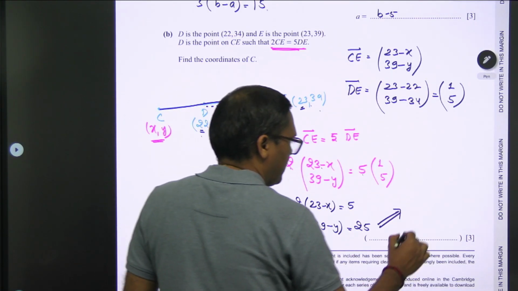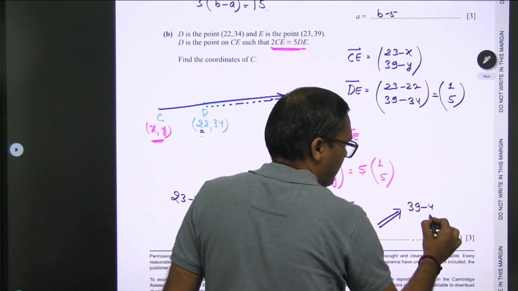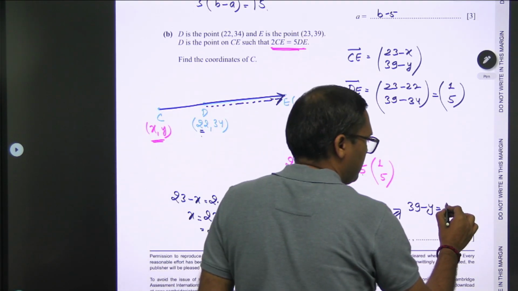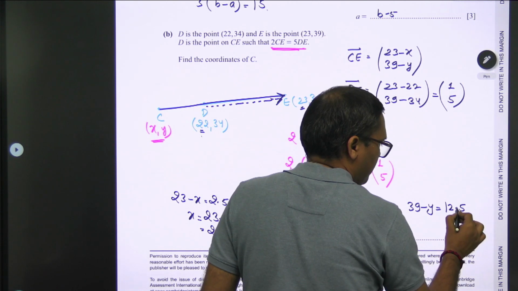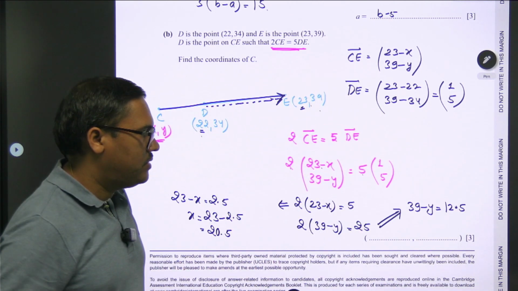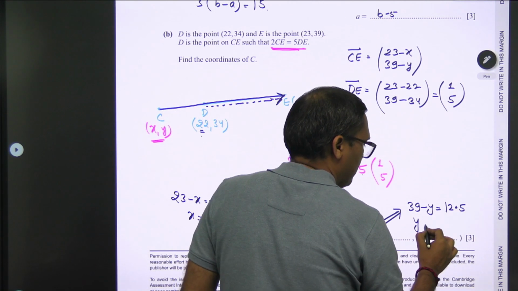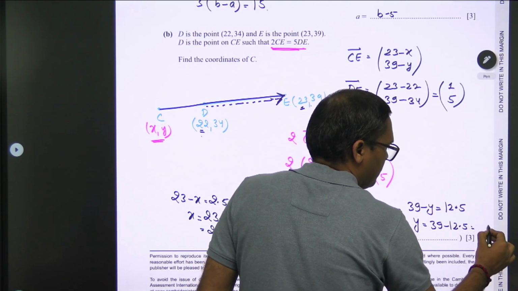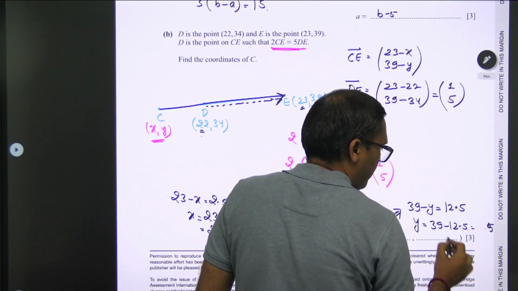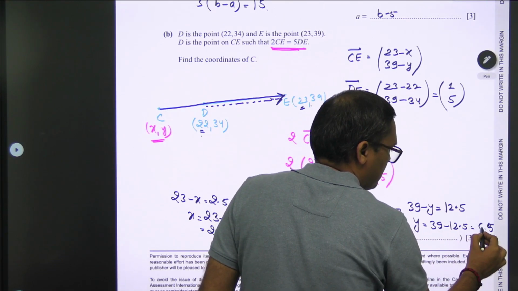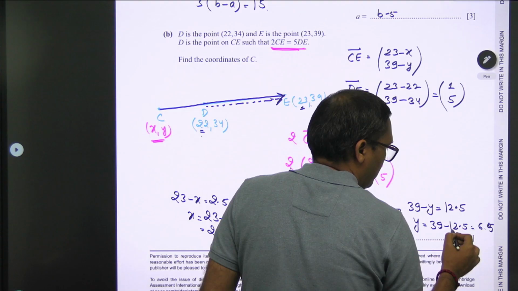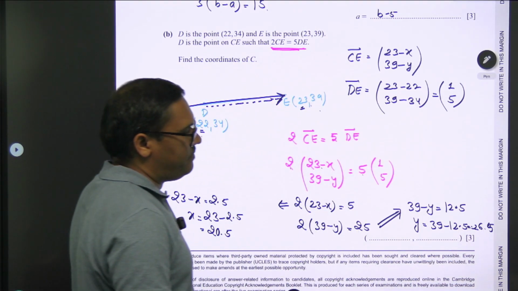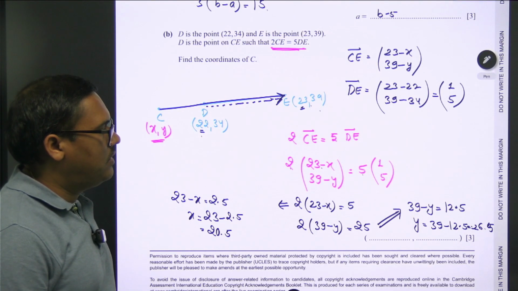And for y coordinate, if you solve this, let me solve it here. This is 39 minus y is equal to 25 by 2, which is 12.5, correct? 12.5. So what is y? This is 39 minus 12.5, which is 26.5.